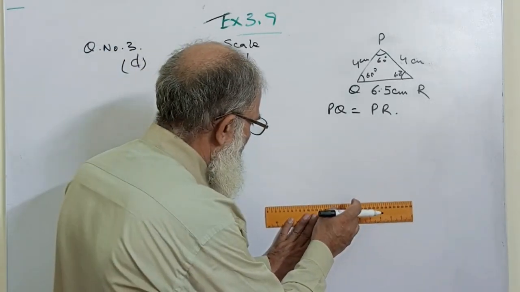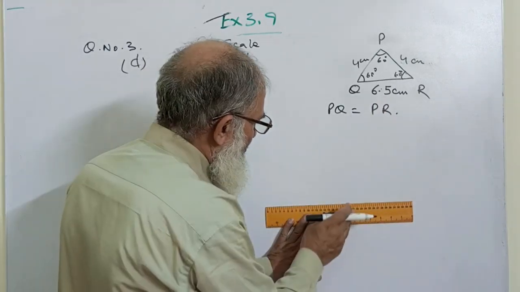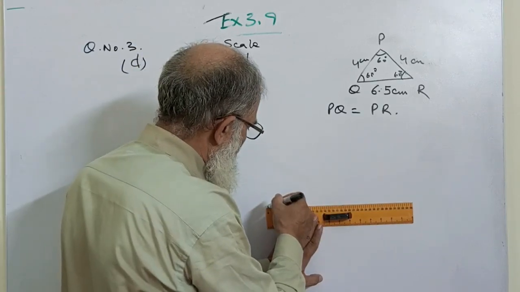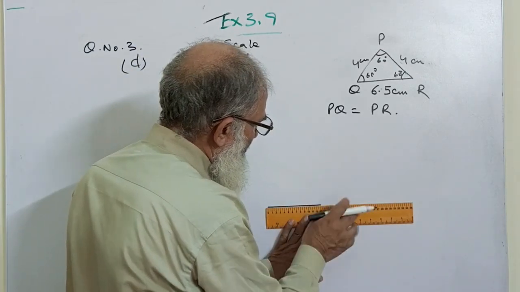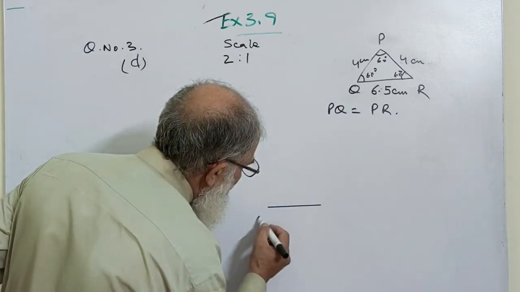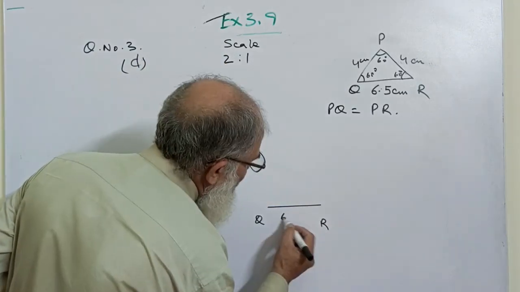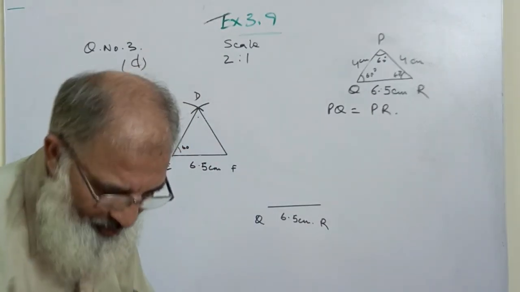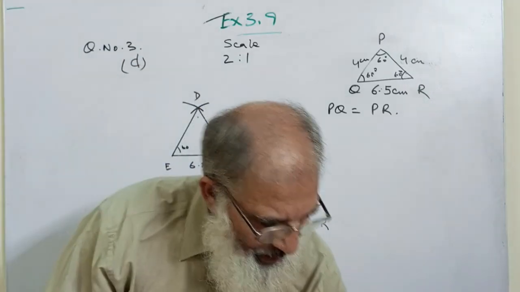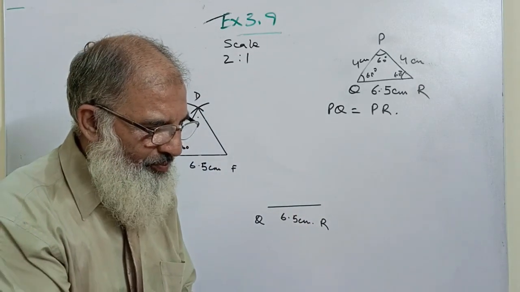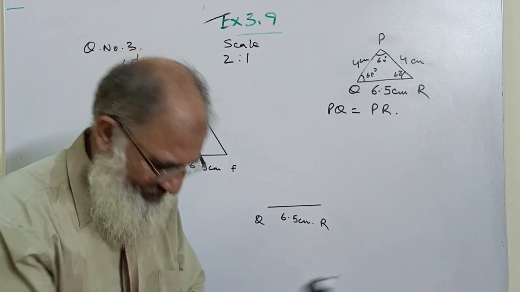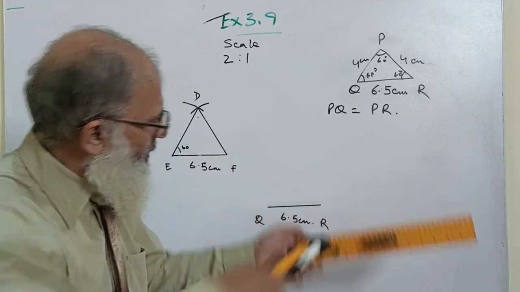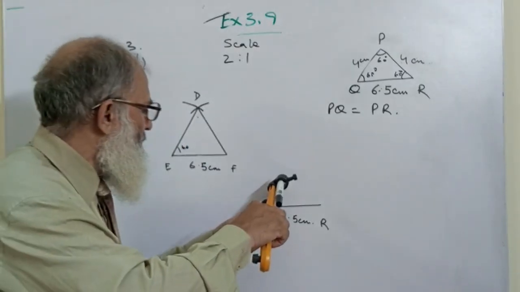Now you see, 6.5 centimeters. Again, I am going to take the same scale. Now this is QR equal to 6.5 centimeters. Then this 4 centimeters is my 8 centimeters over here.